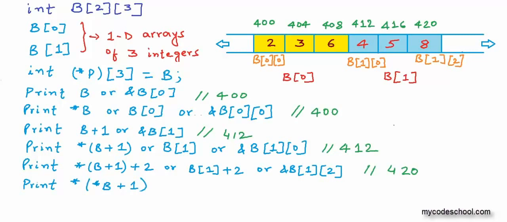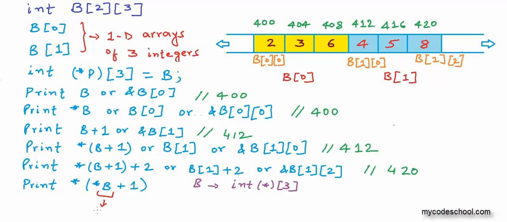Think about it. Whenever you encounter an expression with pointer arithmetic and dereferencing, you must go step by step. Here, b is returning us a pointer to a one-dimensional array of 3 integers, and dereferencing it will give us the one-dimensional array.